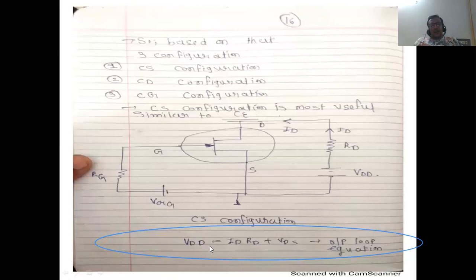So it can be considered as the output loop equation. VDD equal to IDRD plus VDS. Obviously here RD means what? Voltage drop across resistor. Here both resistors are included, RG and RD.